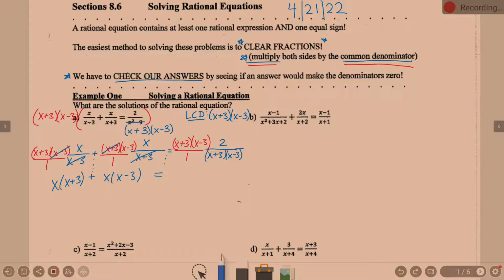On the right, what cancels? X plus 3 cancels with x plus 3, and x minus 3 cancels with x minus 3, leaving me with 2. There's still work to do, but we at least got rid of the denominators. Does that make it at least look somewhat better?